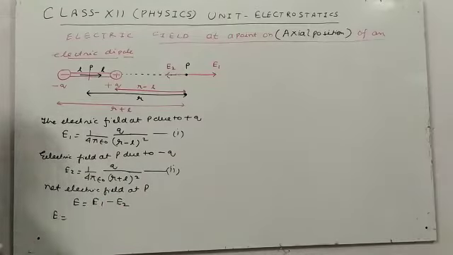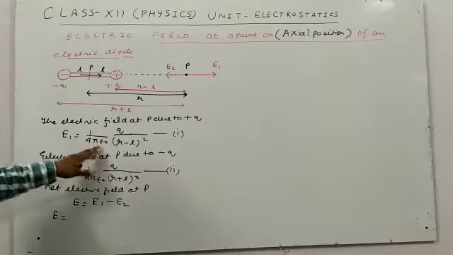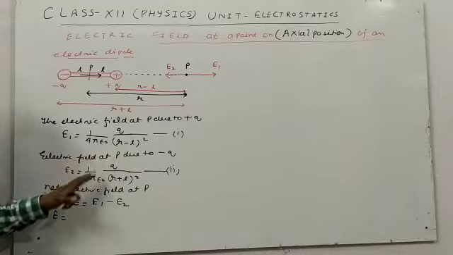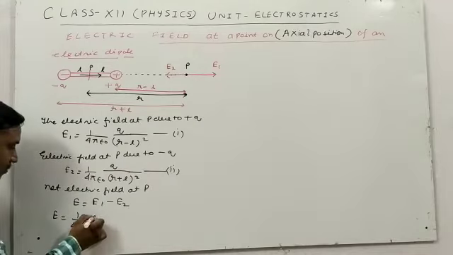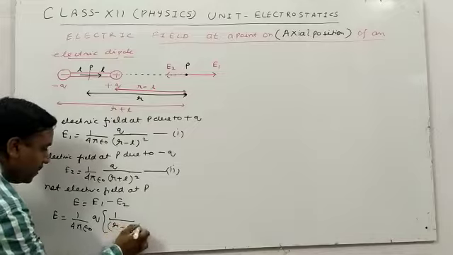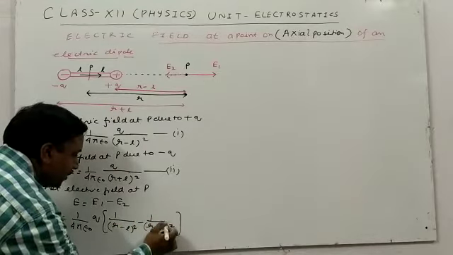If you subtract equation 2 from 1, you can see that 1 upon 4 pi epsilon 0 and Q are common in both terms. Taking them common, E is 1 upon 4 pi epsilon 0 Q times [1 upon (r minus L) whole square minus 1 upon (r plus L) whole square].